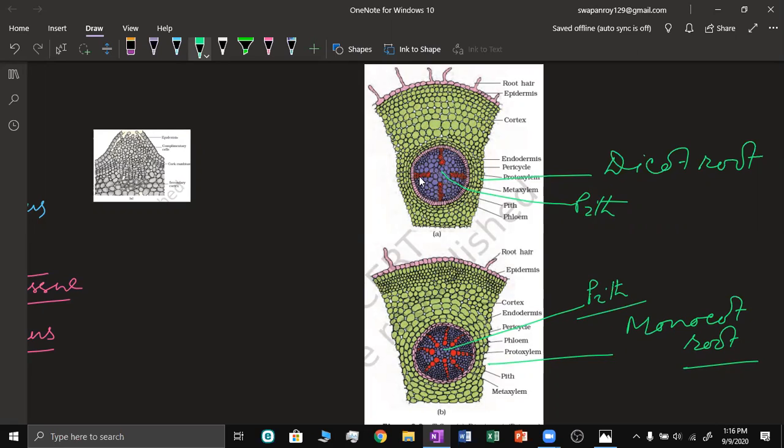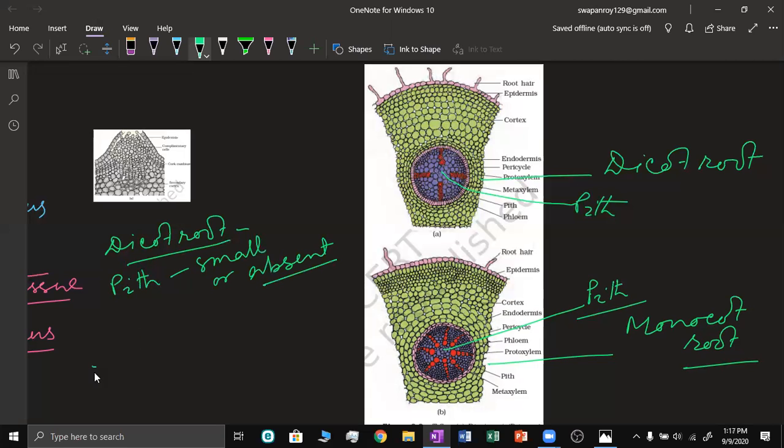In dicot root, pith is either small or absent totally, and in monocot the pith is prominent.